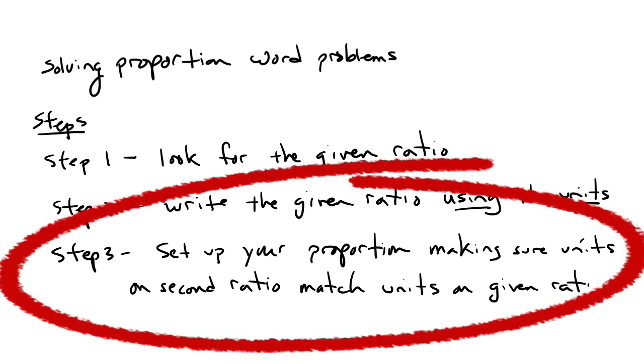So whatever units, when you write your given ratio, whatever units you put on the top, when you write the second ratio, those units have to be on the top.